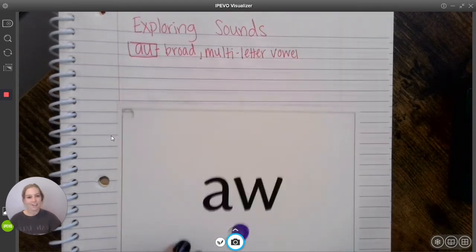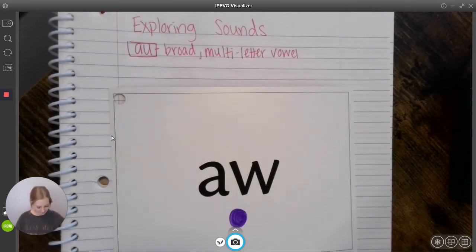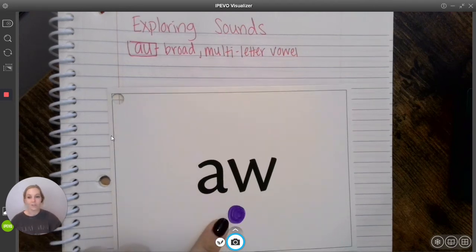Our next one is a very similar phonogram. This one. This sound is ah. How silly is that? This has one sound also, and it is also ah.